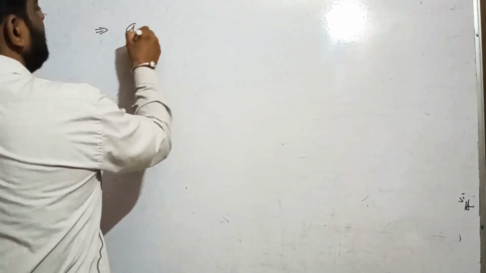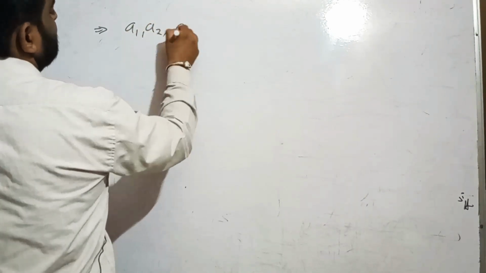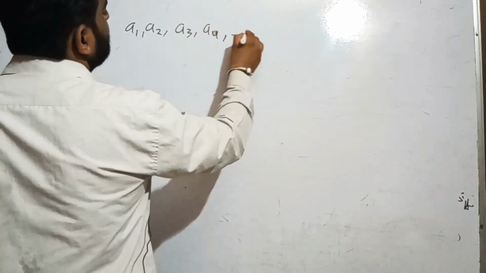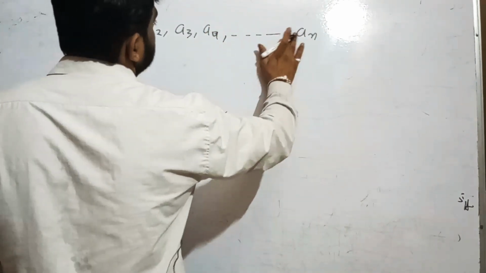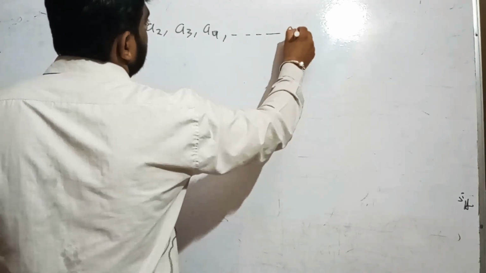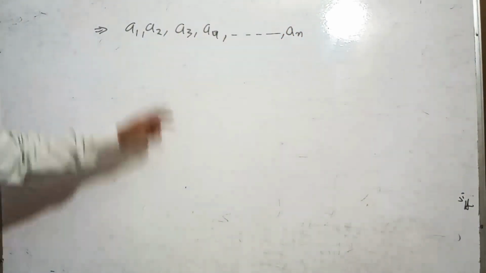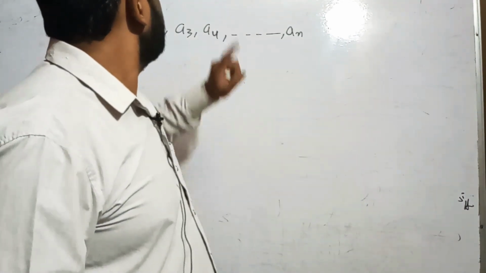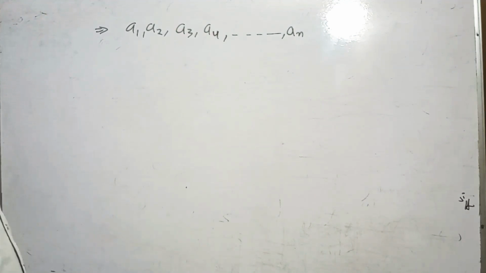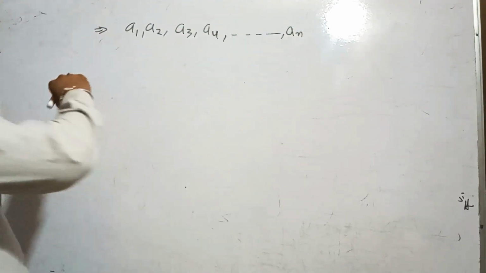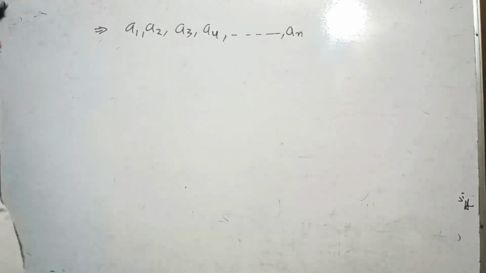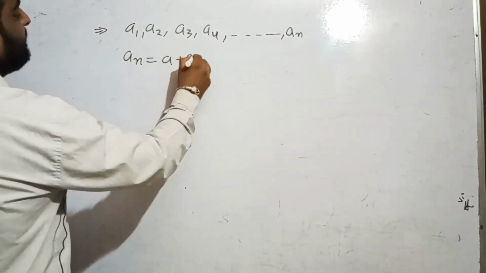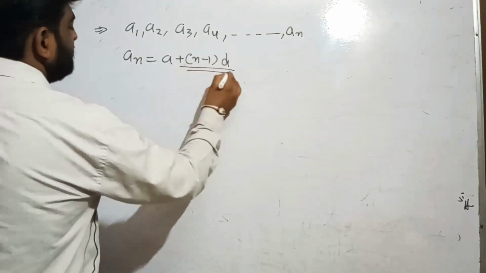Just discuss over there. The first term is a1, second term is a2, third term is a3, fourth term is a4, and up to the nth term is an, students. The nth term of an AP is an equals a plus (n minus 1) into d.